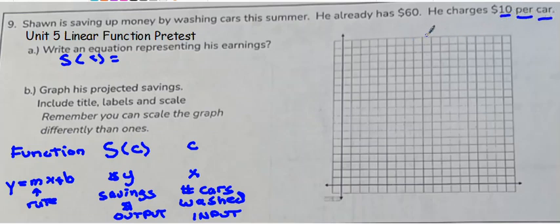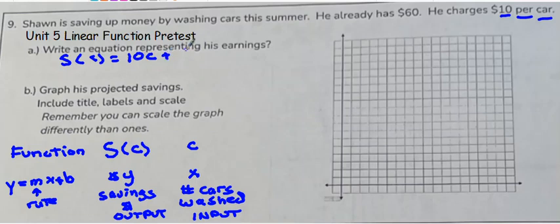So for every car he washes, he gets $10. So my guess is that is going to be our slope. That's going to be the m. So following this form, we would write 10c.